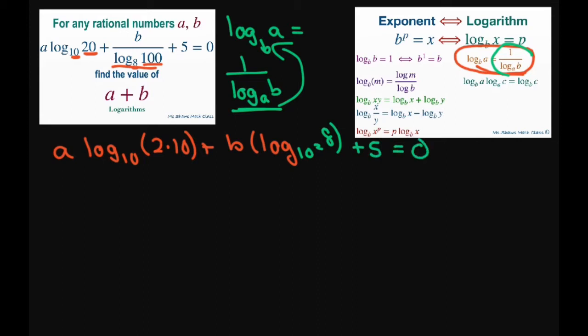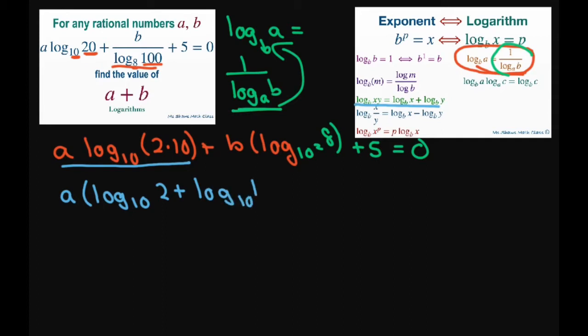All right. So basically, let's expand this using our product rule for logs. So this is going to be a times log base 10 of 2 plus log base 10 of 10. Now that's why I separated this out as 2 times 10, because our base was 10.